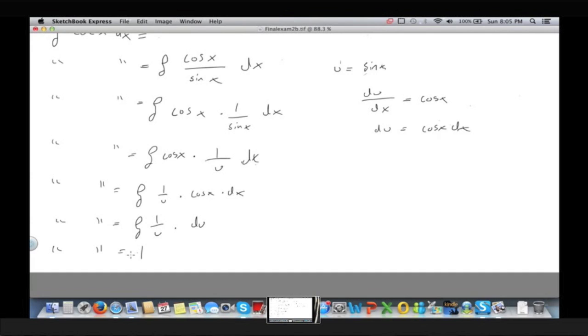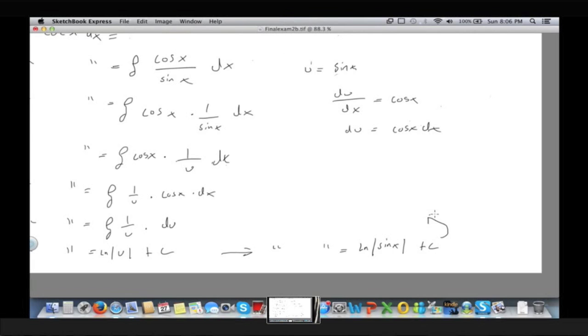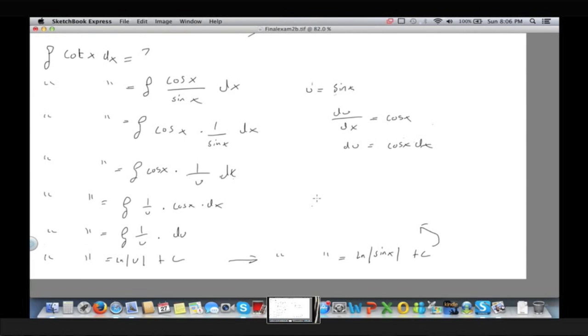Antiderivative. Natural log. So, the integral of cotangent x dx, we wrote it as cosine of x over sine of x, cosine of x times 1 over sine of x.